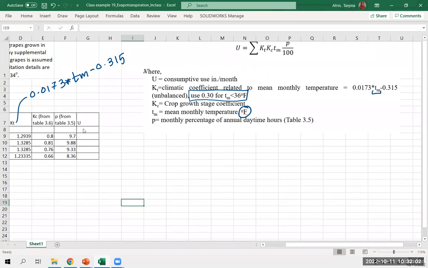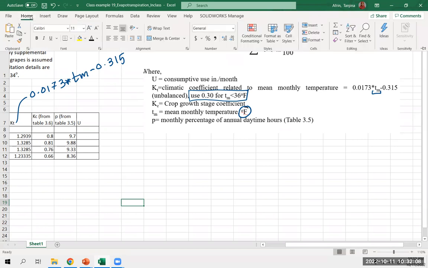Now, let's check with the very first one and see if you get that one, okay?